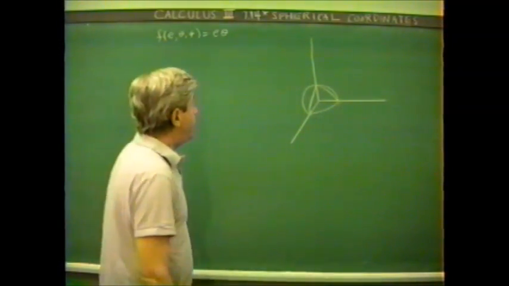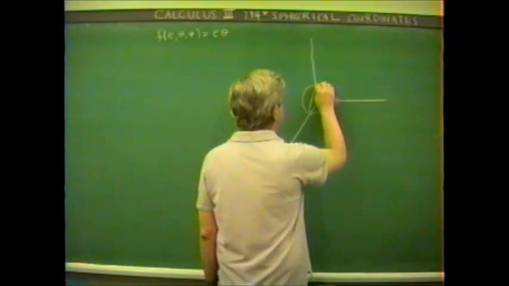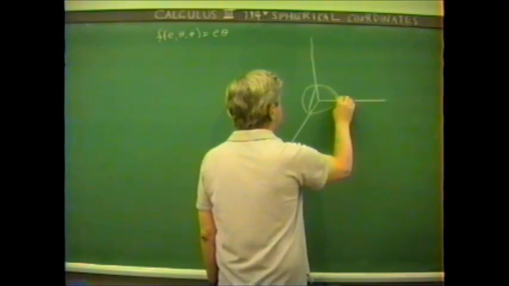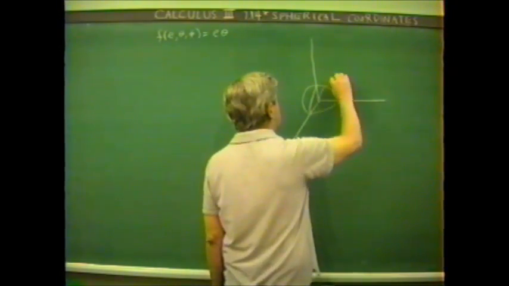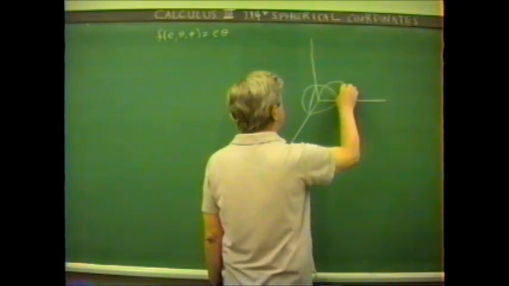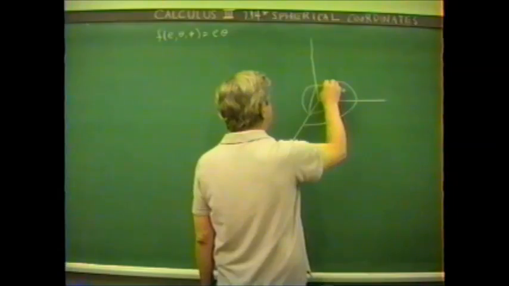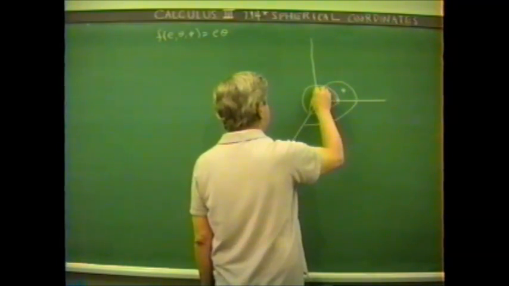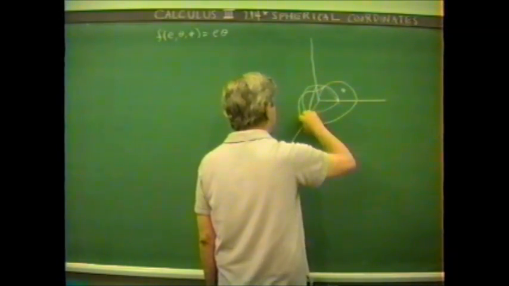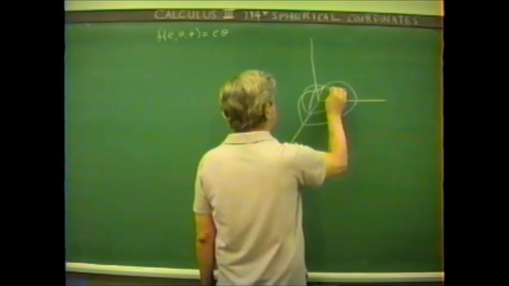And now let's take a circle here of radius 1, and let's consider the points in here to be rotated in this direction here, producing something that looks perhaps like this. All right.